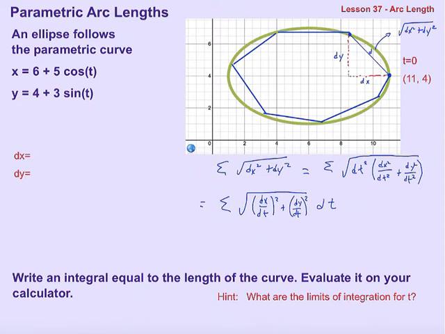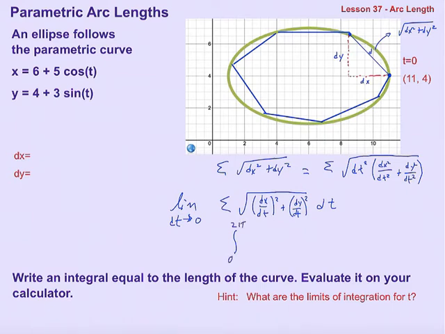Well, if I were to do this for an infinitely large number of line segments, or an infinitely small change in t, so if I were to stick a limit on this, the limit as dt approaches 0, then what we're left with is the definite integral. I'll say from 0 to 2 pi.